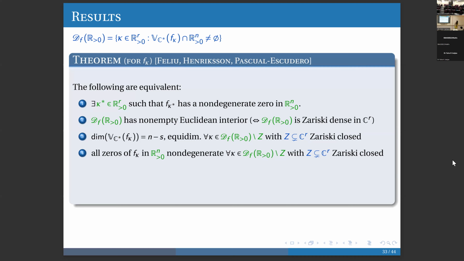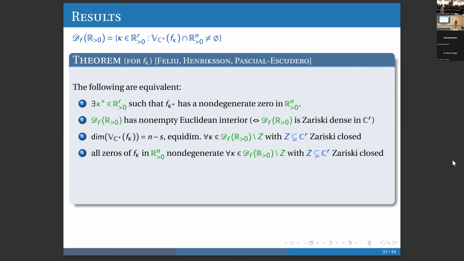So it is equivalent. I am considering upstairs the set of all Ks such that there is a positive steady state. Okay, so I'm restricting myself to that subset. It is equivalent that I can find some value of K such that there is a non-degenerate zero of this system of polynomials.